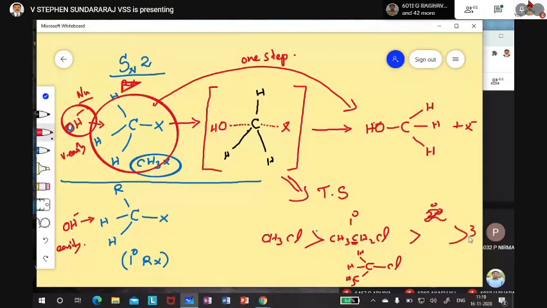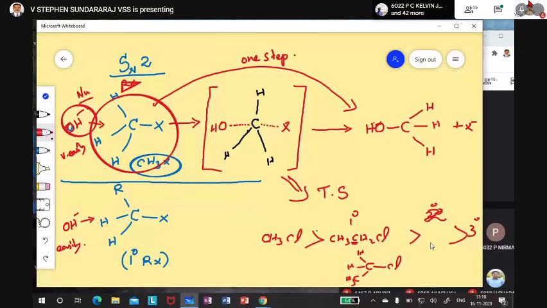Now I am coming to the conclusion. You write down that methyl halide and primary halide will always prefer SN2, and tertiary halide will always go with the SN1 mechanism, and secondary halide will be either SN1 or SN2 depending upon the condition, solvent and all that may be changed. Both are possible; we get in the middle.